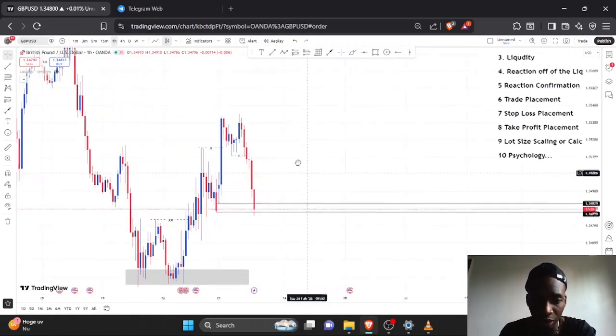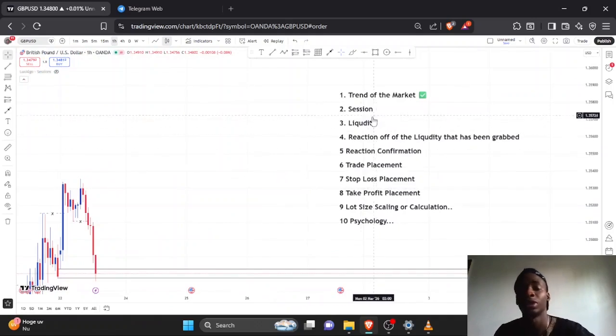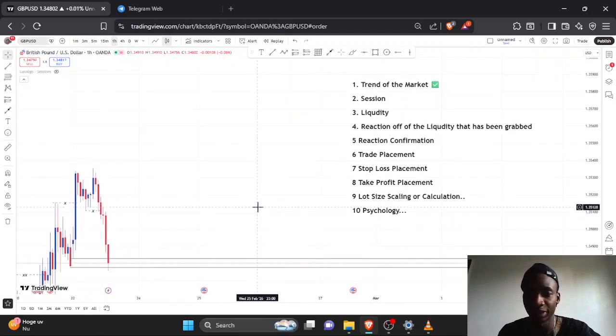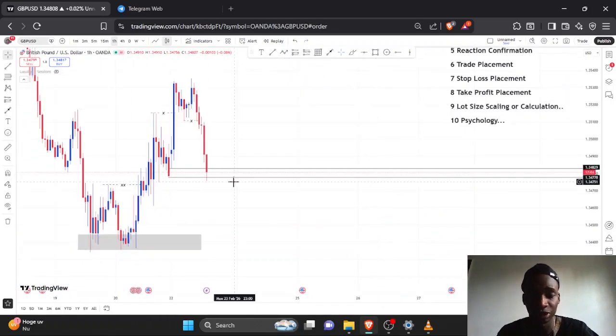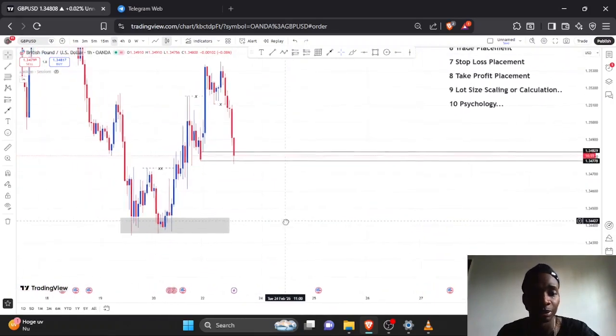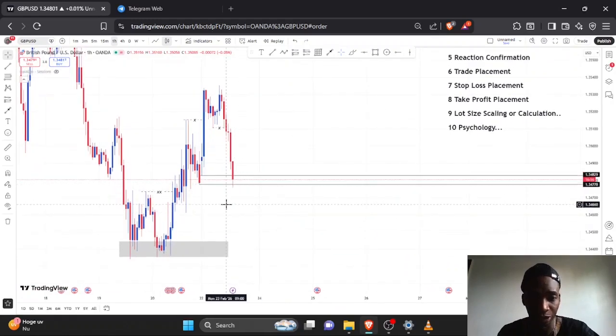If New York session is open, we are going to look for liquidity, then a reaction after the liquidity that has been grabbed, then reaction confirmation, which is a change of character, and then we're going to place a trade. For me, I think I'm going to go for a buy from this point onward.